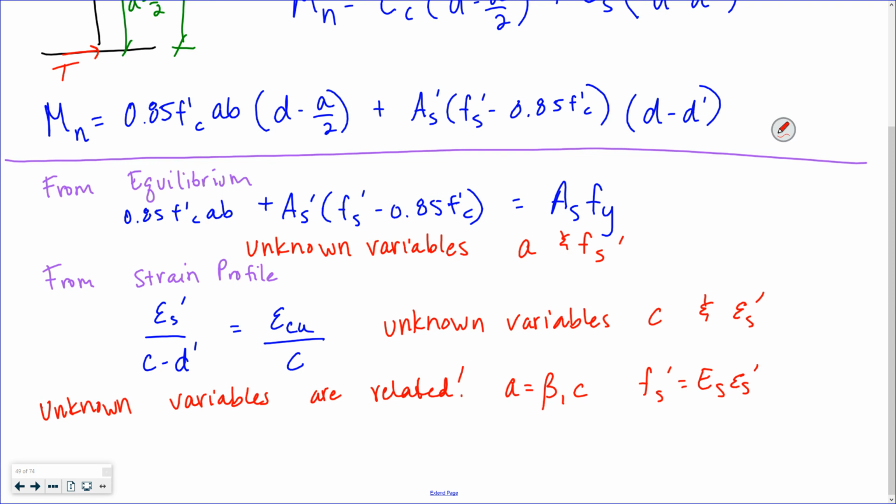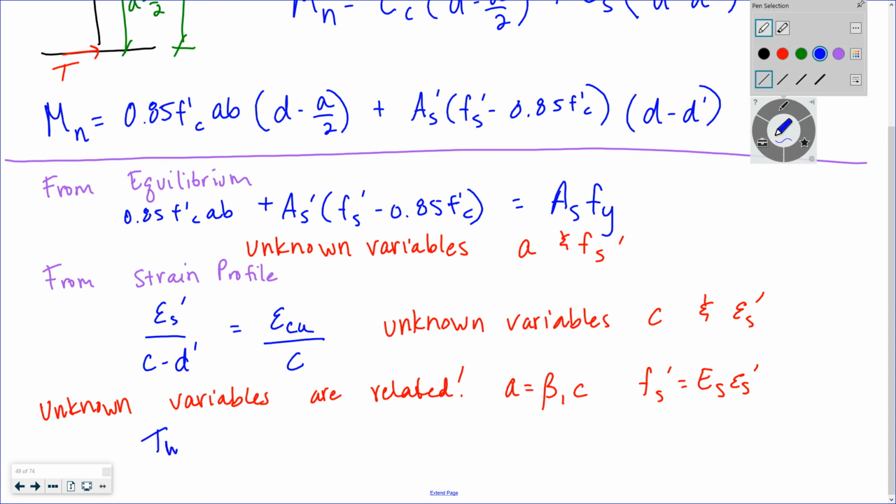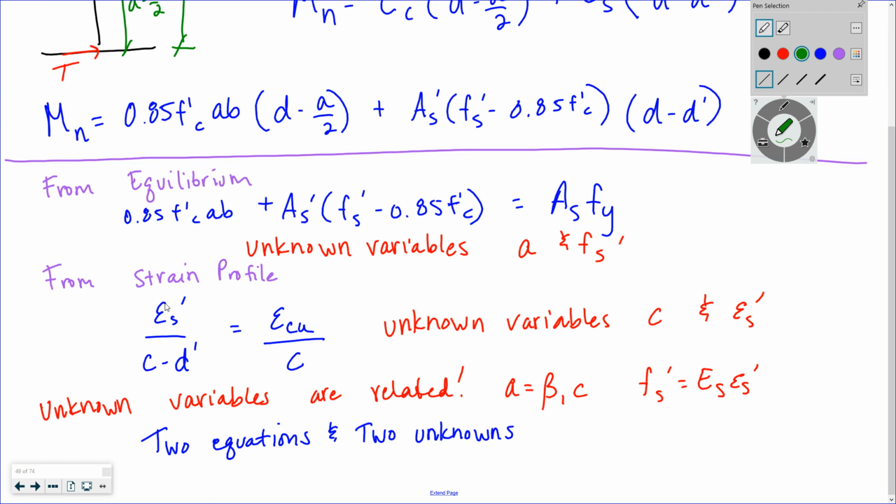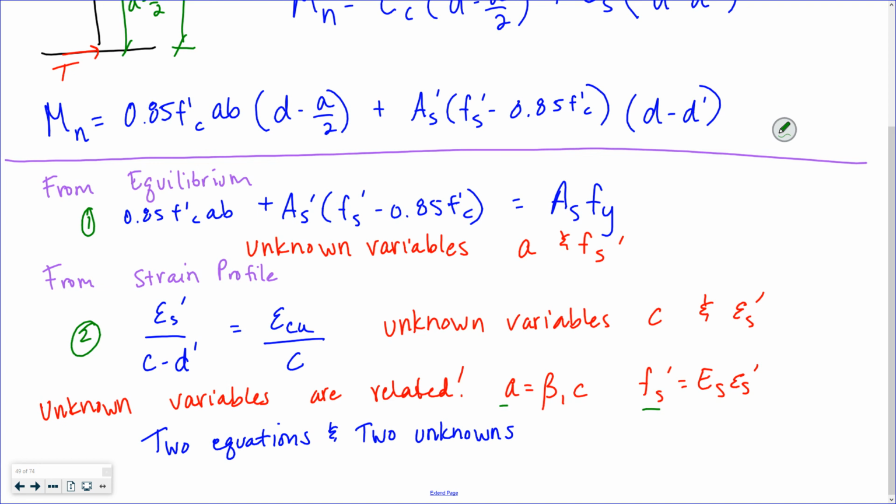So I have 2 equations, 2 unknowns. My equations being equilibrium and my strain profile, my unknowns being a and stress, or c and the strain.